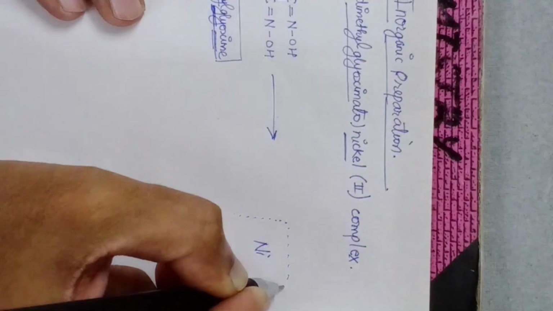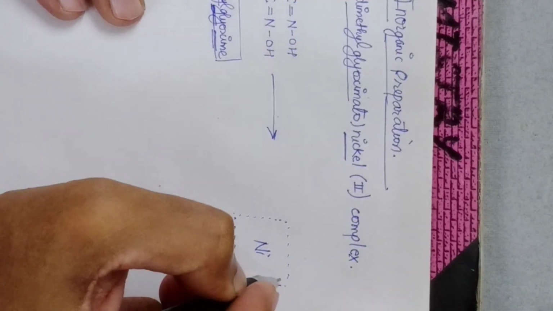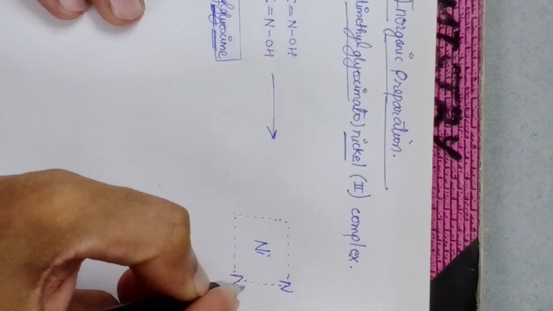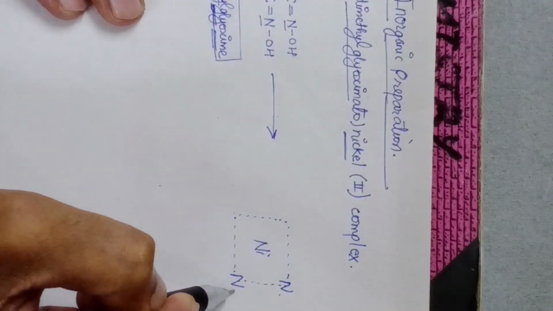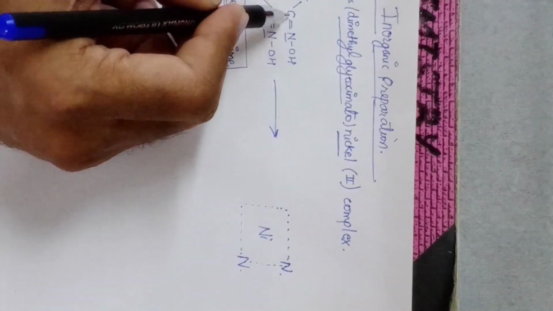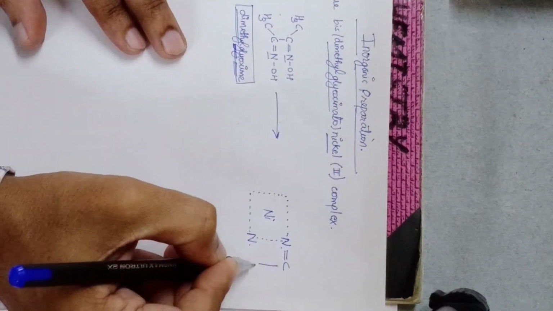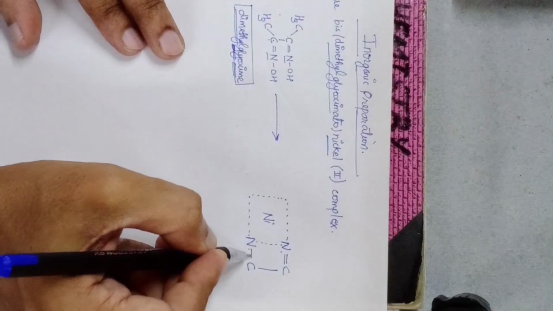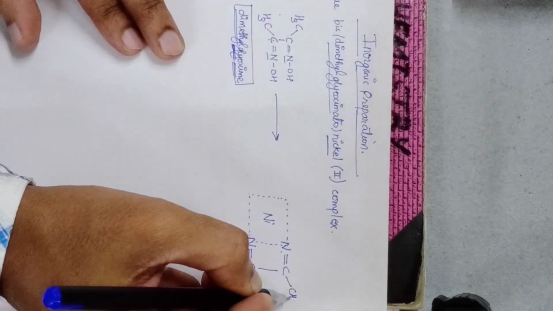So the structure of nickel dimethylglyoxime complex is as follows. So these are the two nitrogens that I am showing over here and here. These are attached by double bond to C, then C, again double bond to N, and these carbons are then individually attached to methyl groups.